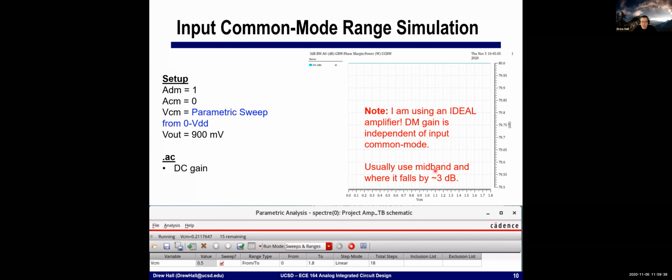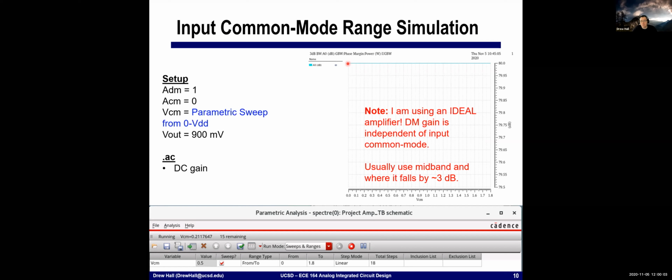All right, so how would we simulate this in our test bench? We would set the differential mode gain to 1, common mode gain to 0. The input common mode voltage, we would do a parametric sweep from 0 to VDD, and I've shown that down here. And then we would look at the DC gain. So I've thrown away all of the other parameters. I'm only looking at the DC gain.